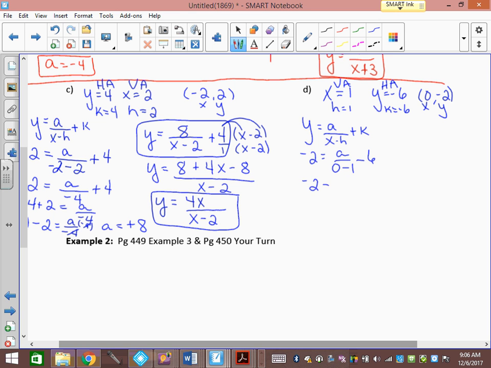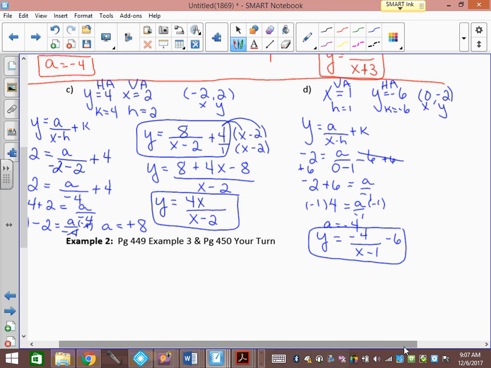Negative 2 plus 6 equals a over negative 1. I'm going to add 6 to both sides. 4 equals a over negative 1, multiplied by negative 1. a equals negative 4. So we have y equals negative 4 over x minus 1, minus 6. Which is correct.